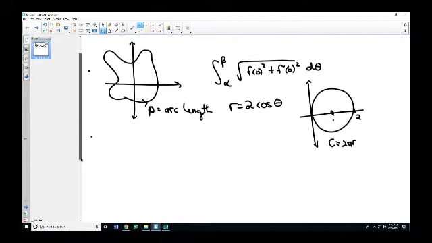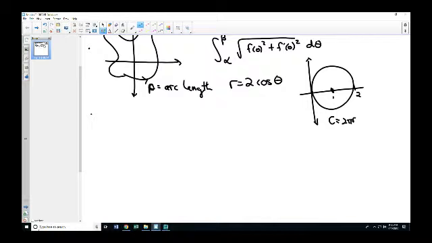But most of the time, what we're going to ask you for is just to write the formula. Okay, so let's say we write the formula to find the circumference of this circle in polar form. Because that's probably what a multiple choice item is going to spit at you. So we have f of theta here, right?